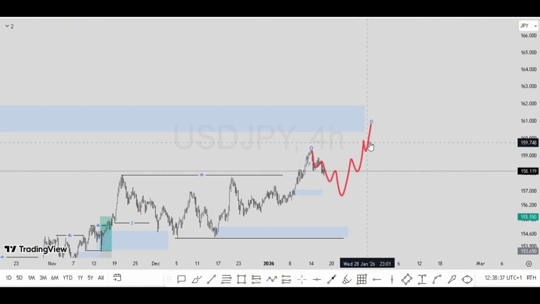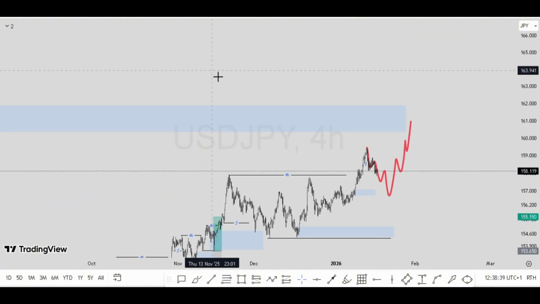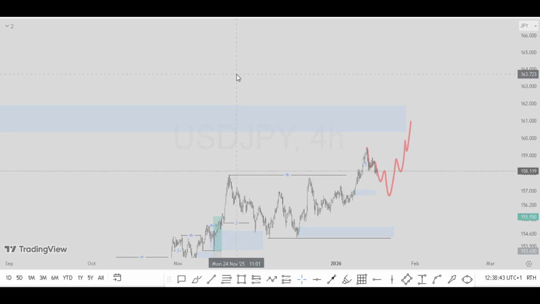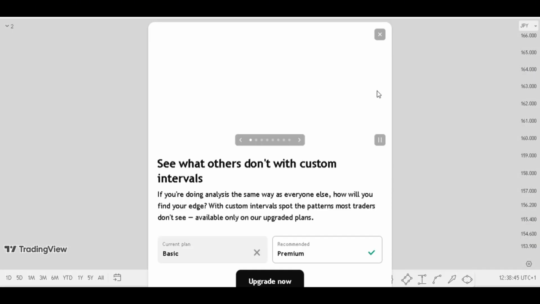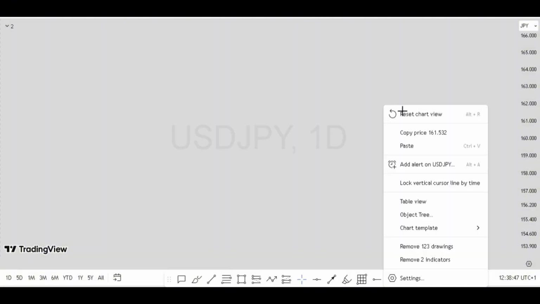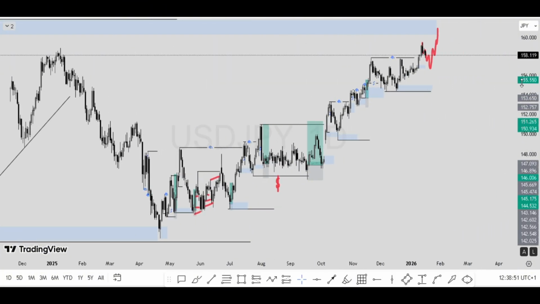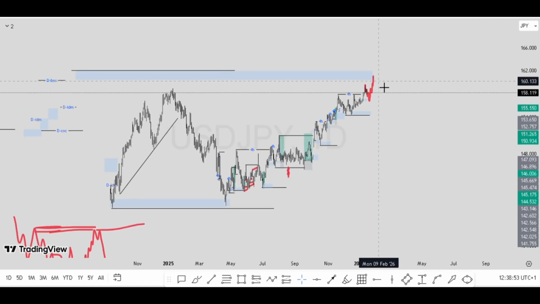Then if the market does not give us a change of character, then it means that we'll go to the daily time frame. You can see this is our daily time frame structure.